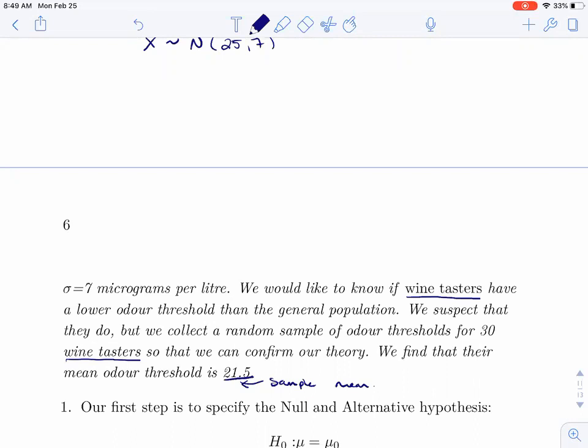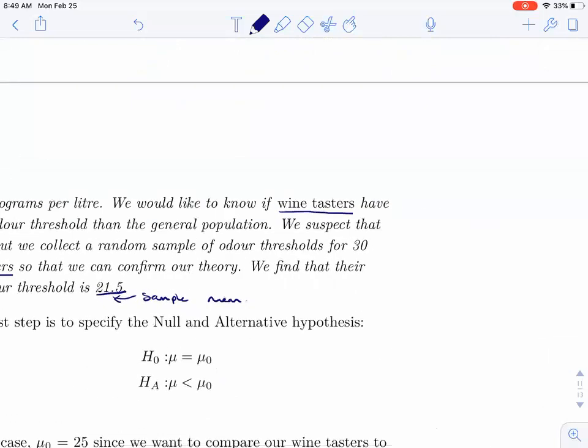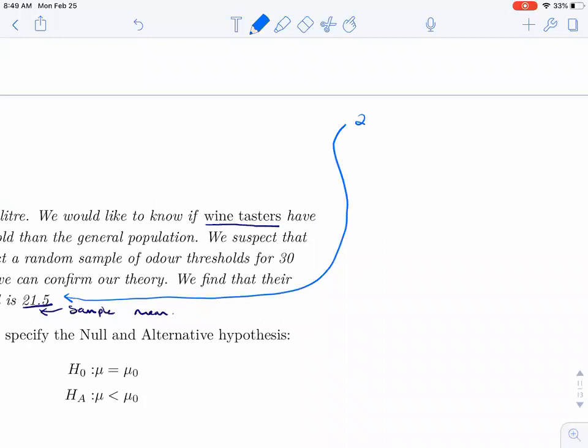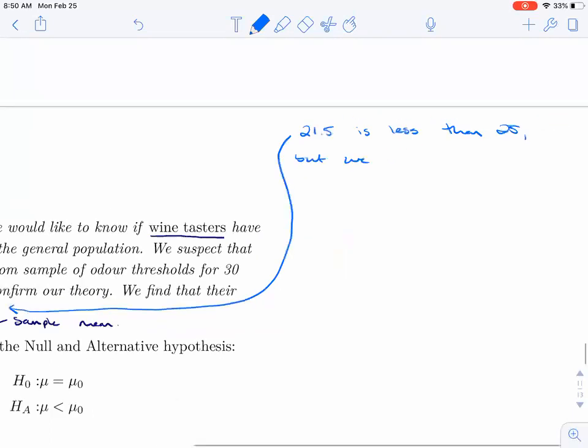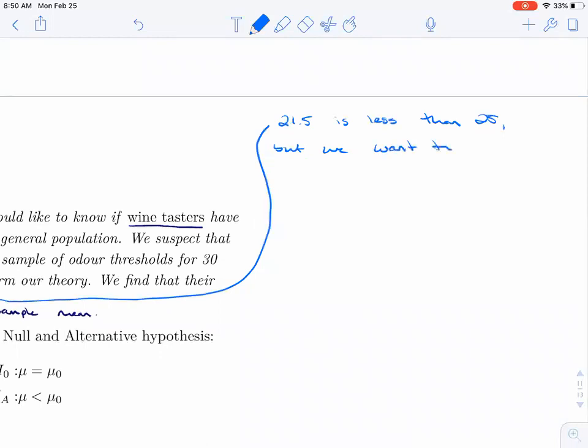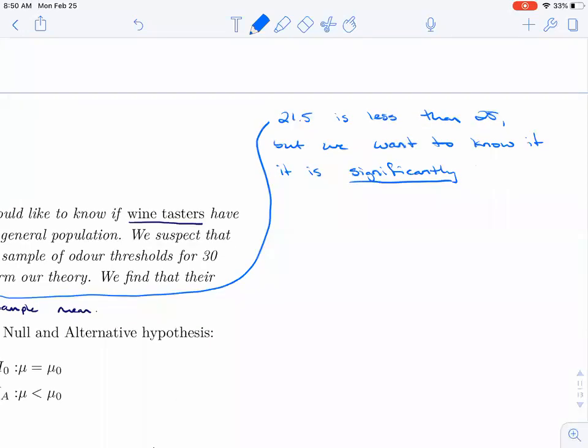It's less than 25, but we would need to know, is it significantly less than 25? 21.5 is less than 25, but we want to know if it is significantly, underline that, less than 25.